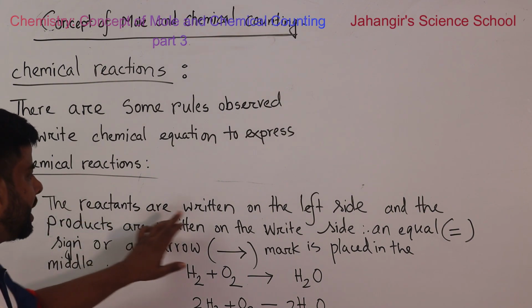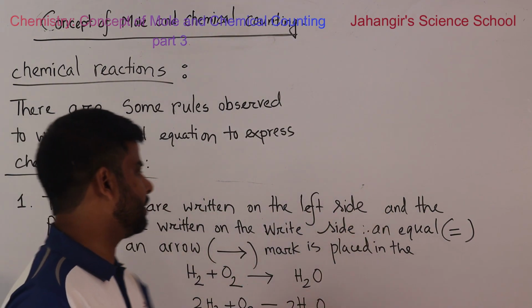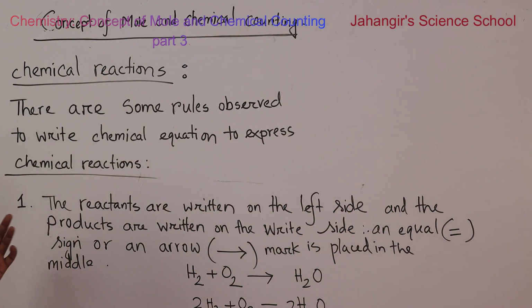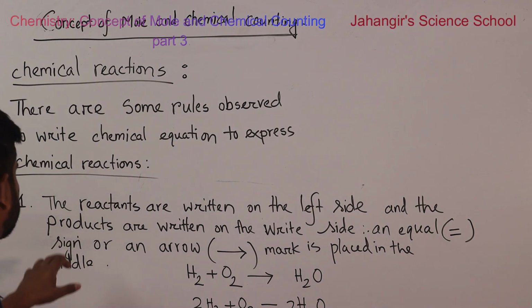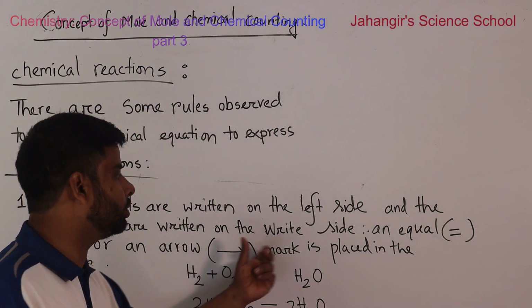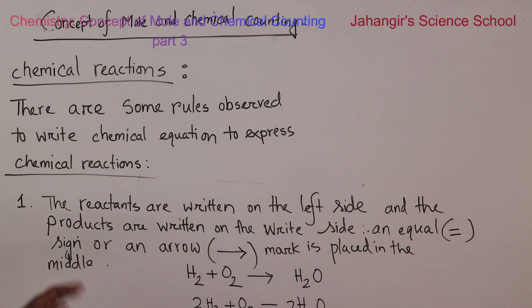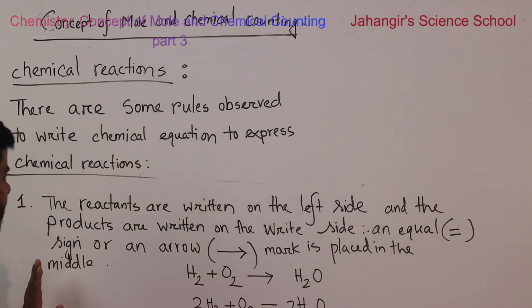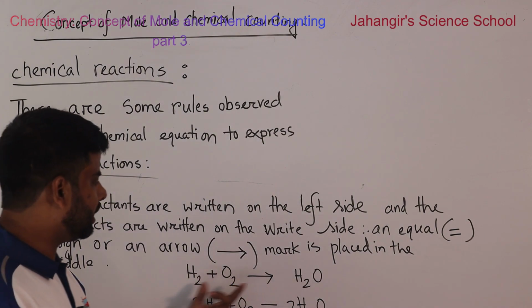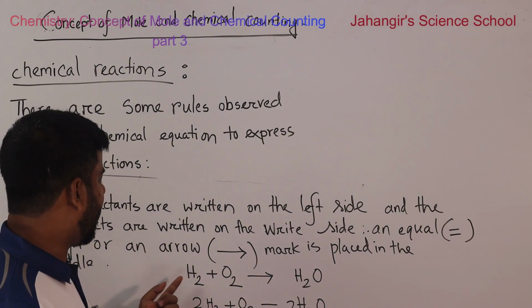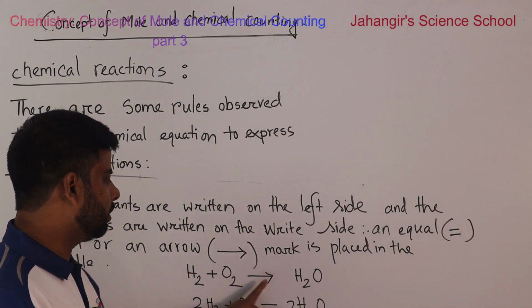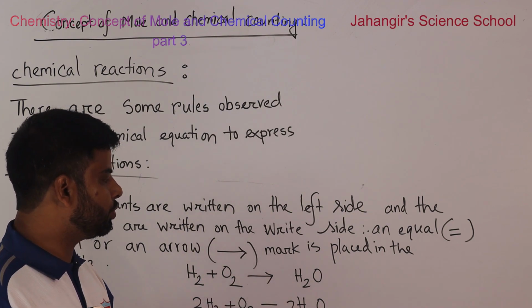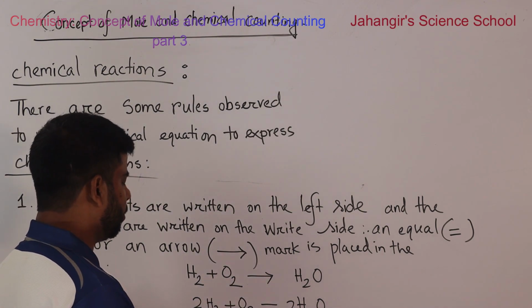The reactants are written on the left side, and the products, the chemical compounds which are produced after a chemical reaction, are called products. The products are written on the right side. An equal sign or an arrow mark is placed in the middle. Look at the chemical equation. Hydrogen and oxygen combine together and produce water, H2O.